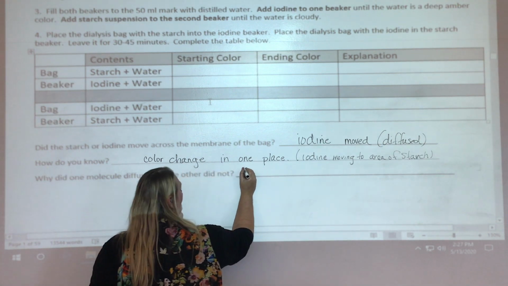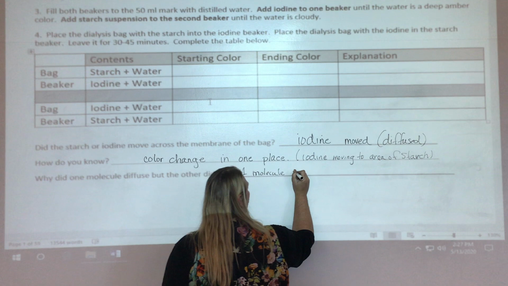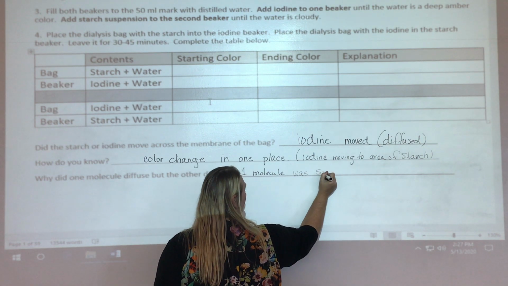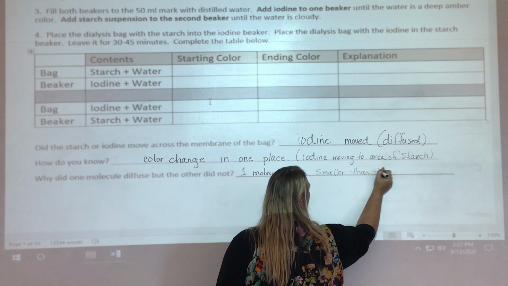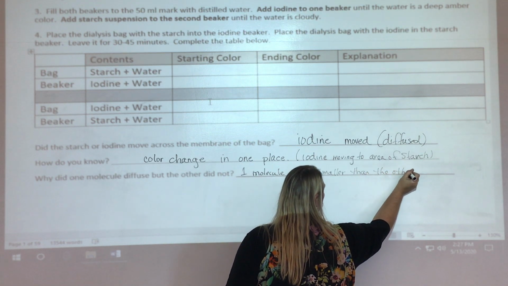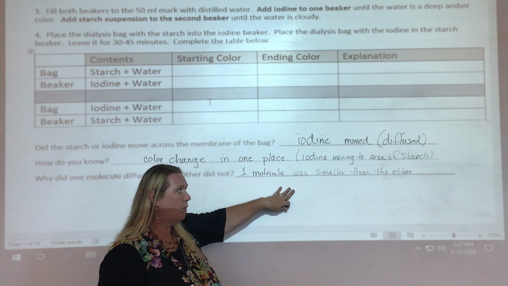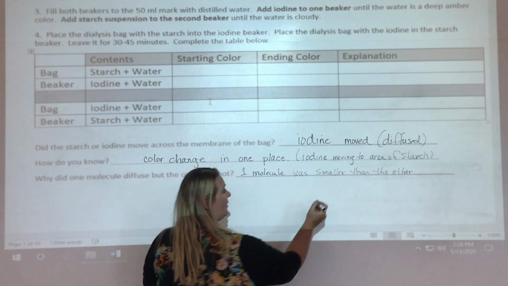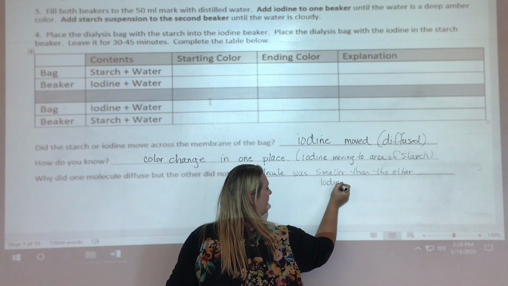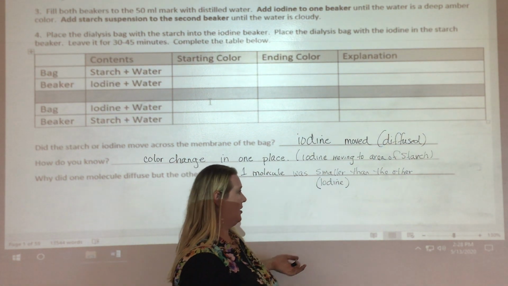One molecule was smaller than the other. Which molecule was smaller? Which one diffused? Iodine. Iodine is the smaller of those two molecules.